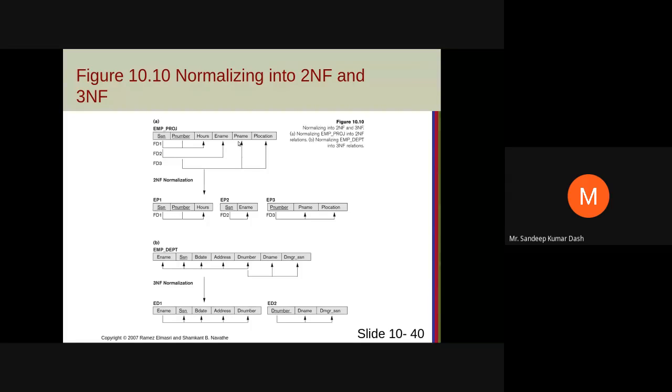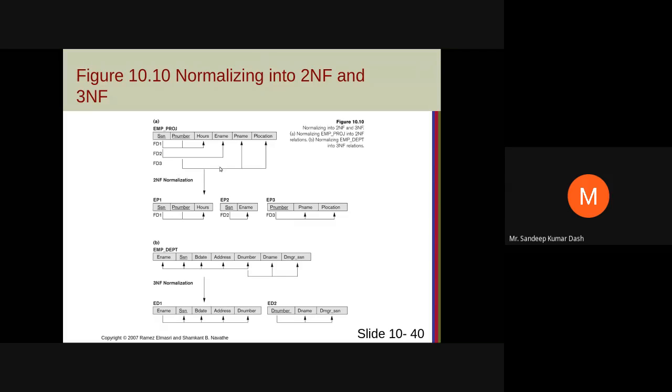In the original relation, these two were combined in the primary key. I decomposed this into 3 different tables in order to attain 2NF, because this was not in 2NF: FD2 and FD3 were violating the norms of 2NF because they are partial functional dependencies.